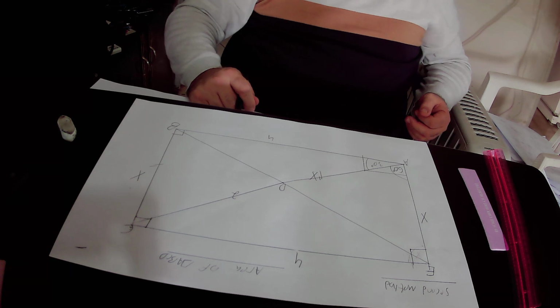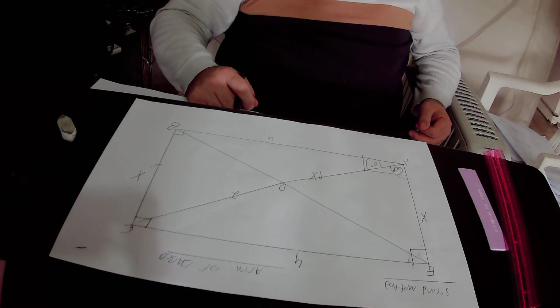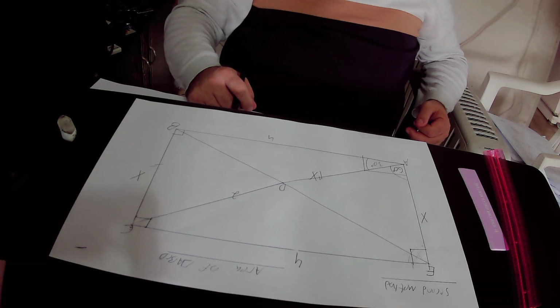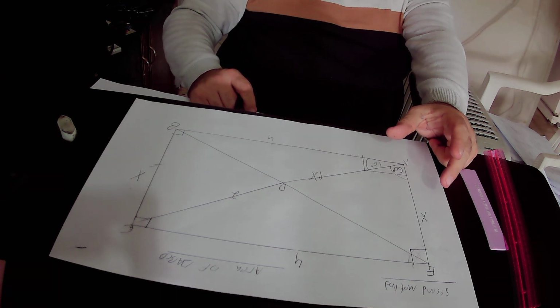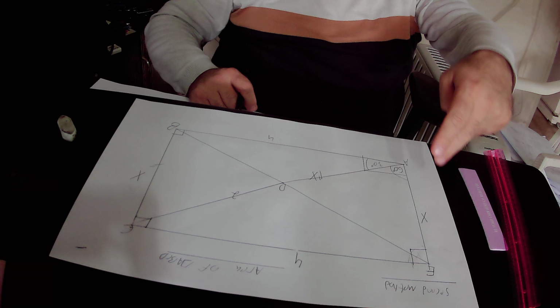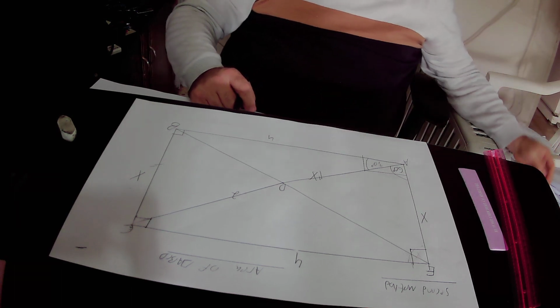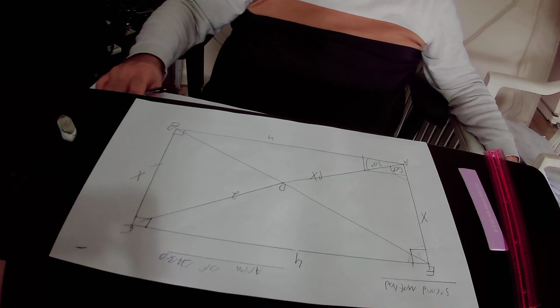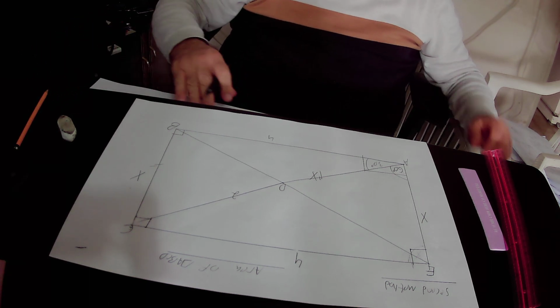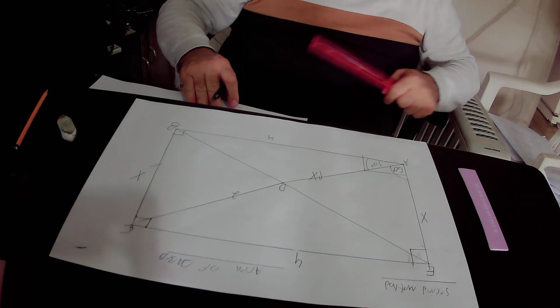So if we focus on triangle AED, we have two equal sides: AE equals AD equals x. So I will draw triangle AED in a new page, and we will analyze triangle AED.